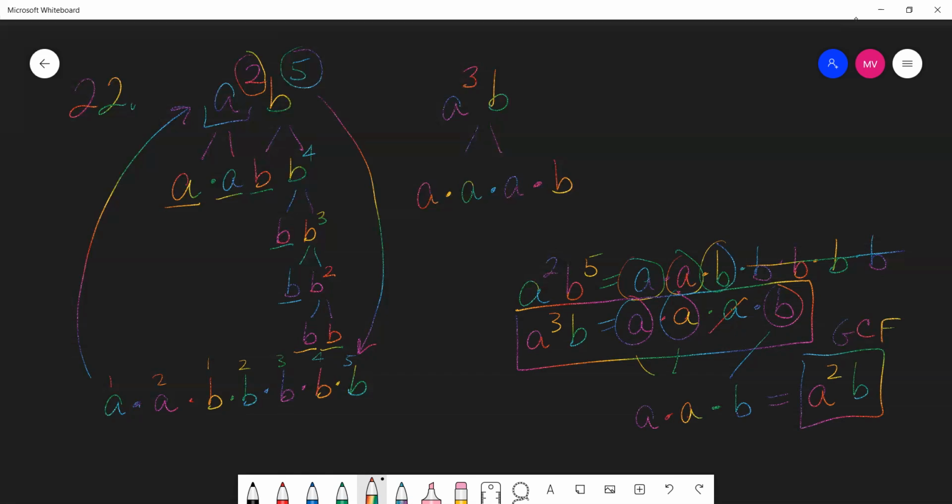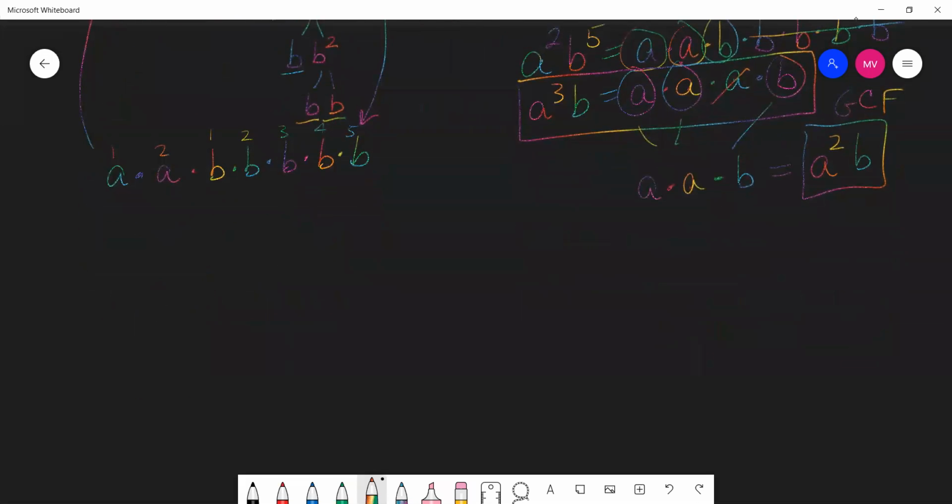All right, let me show you this a different way, the way I mentioned at the very beginning. I have a squared b to the fifth, and a cubed b. I'm going to look at my a's. What's the lowest exponent for my a variables?